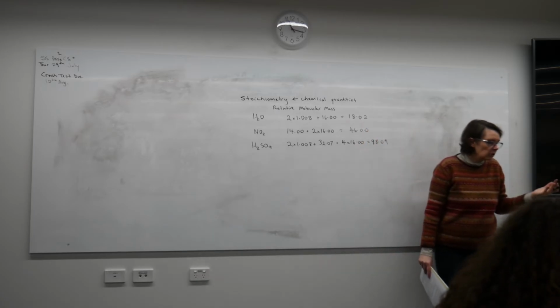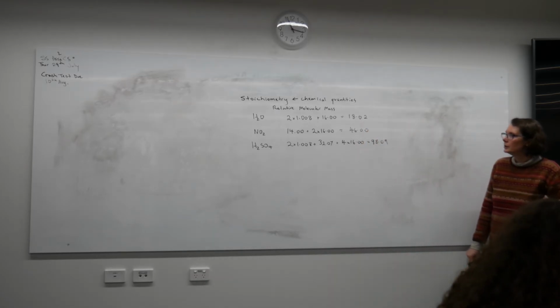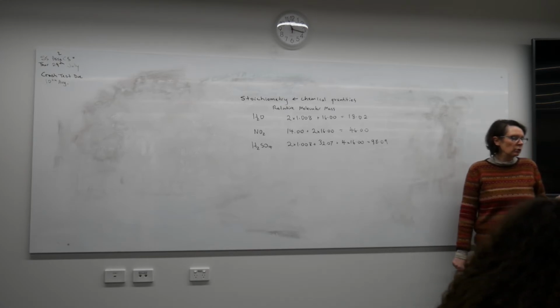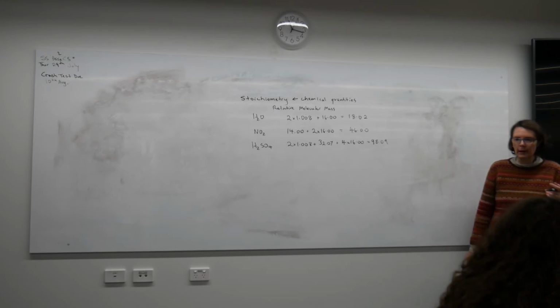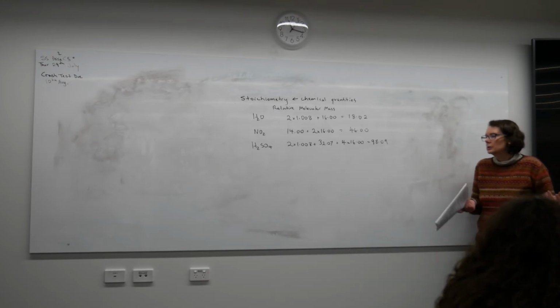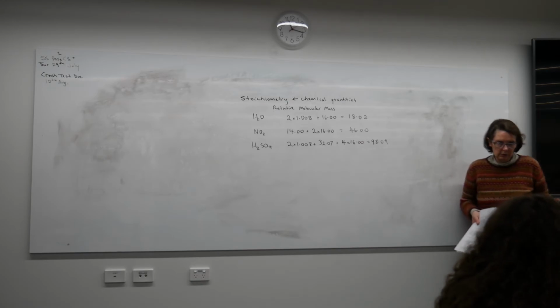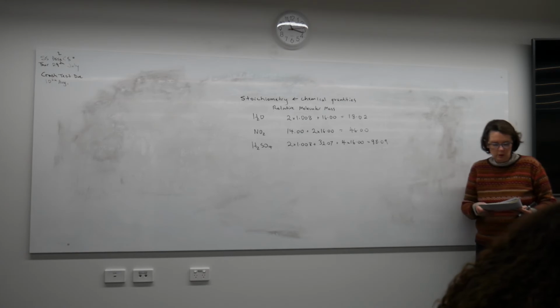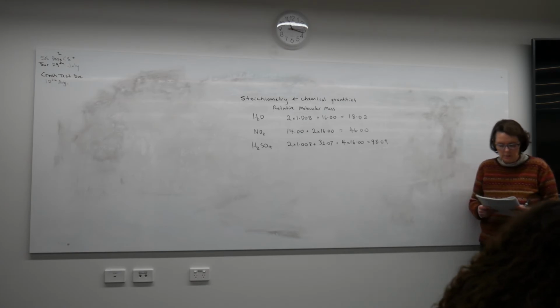So essentially all we've done here with our relative molecular mass is add up all of the protons and neutrons that are present for all of the elements in those compounds, because the electrons don't really contribute anything significant to the mass.